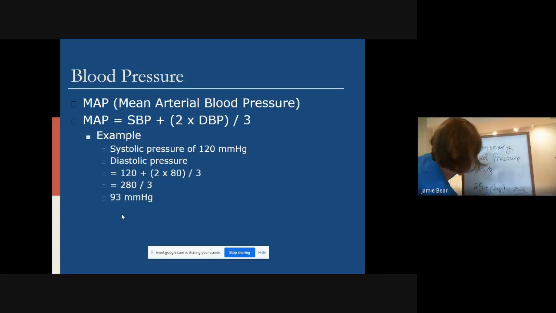So we'll just put that into a whole number. So then the average pressure in our pulmonary circulation, if you guys can see this, is approximately 14.